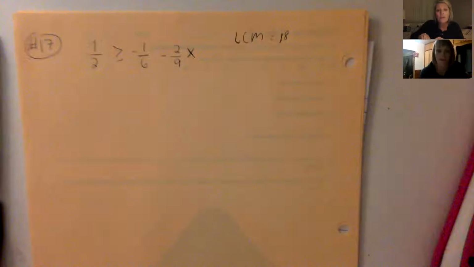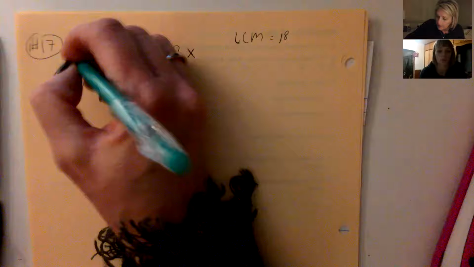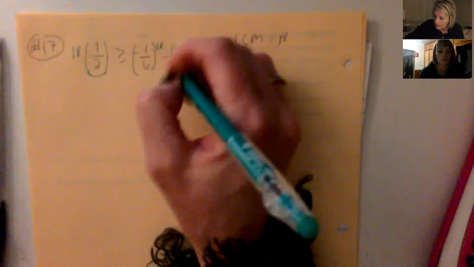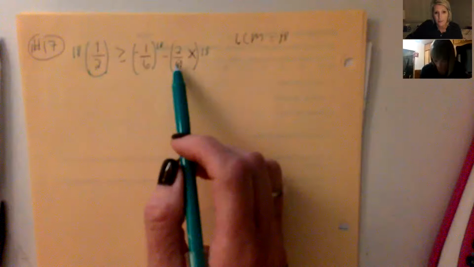So I'm going to multiply my entire inequality by 18, which means every term. So this term gets multiplied by 18, this term gets multiplied by 18, and this term gets multiplied by 18. Every term. And the idea here is that each of these denominators, 2, 6, and 9, will get eliminated.